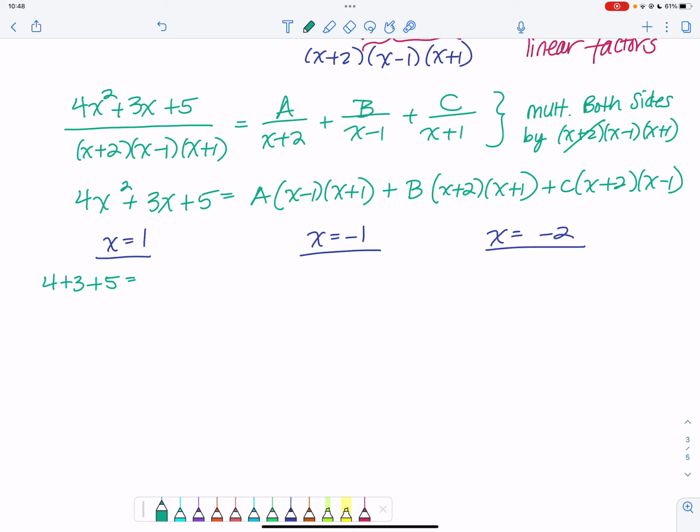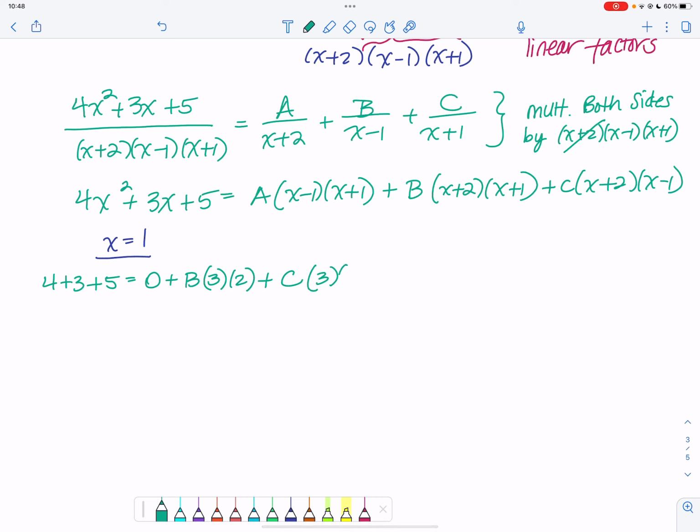to be gone, 0 plus b times 3 times 2 plus c, and I definitely am out of room, so I'll just figure out where to go next when I'm finished, plus c, and we said x is equal to 1, so that would be 3 times, oops, we have 0 again.